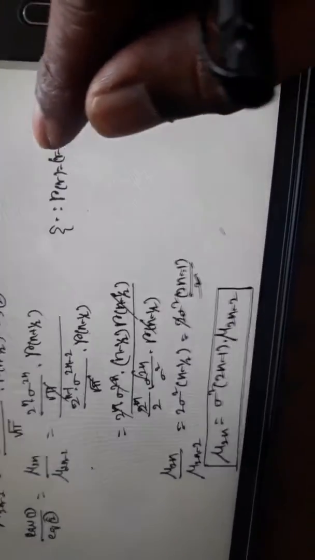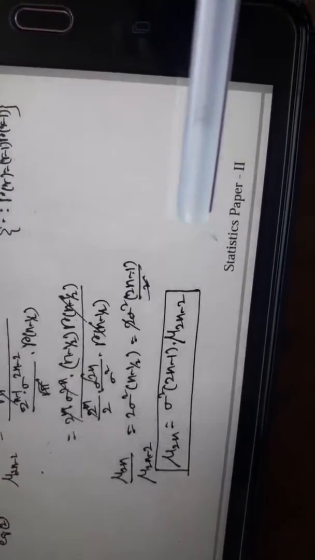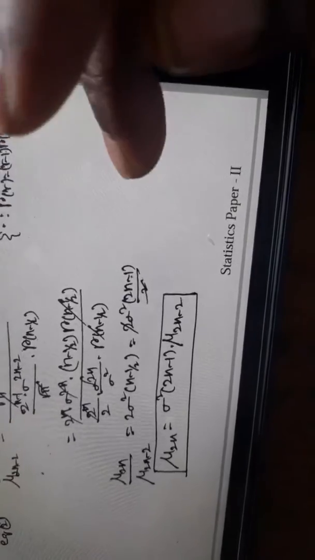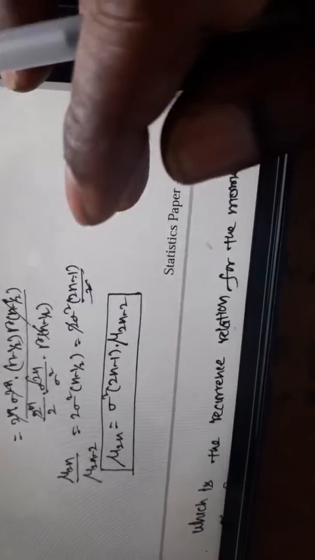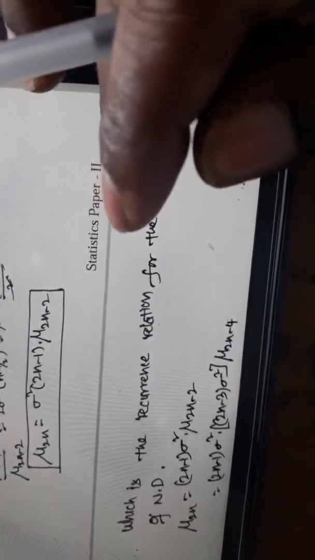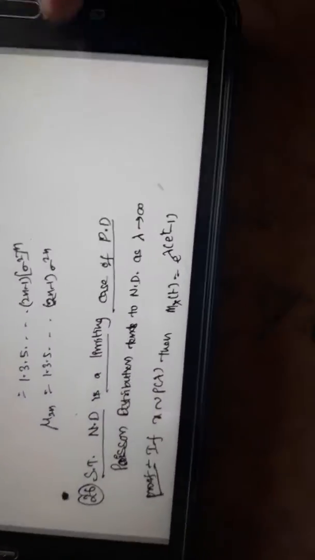It gives mu 2n equal to sigma square into (2n minus 1) into mu 2n minus 2. Now put n is 1, it gives sigma square. Then put 2n like this. There you get the recurrence relation for the moments of normal distribution. One of the important ones.